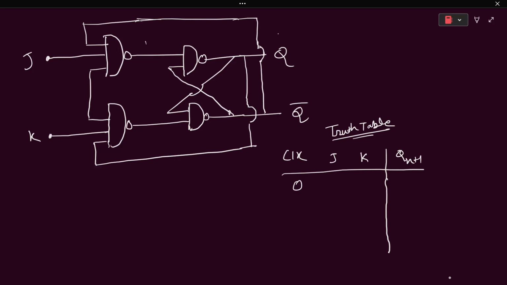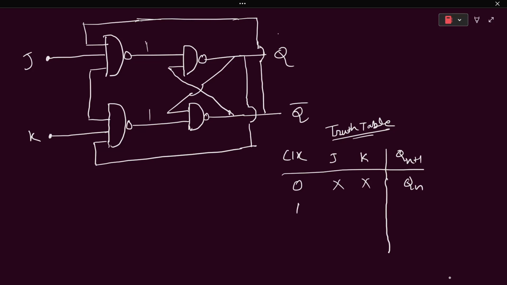After the complement, this is 1, and this is also 1. So 1 1, in the case of a latch, is a memory condition. Here it is independent of the inputs, and Qn plus 1 is simply Qn, as you already knew.